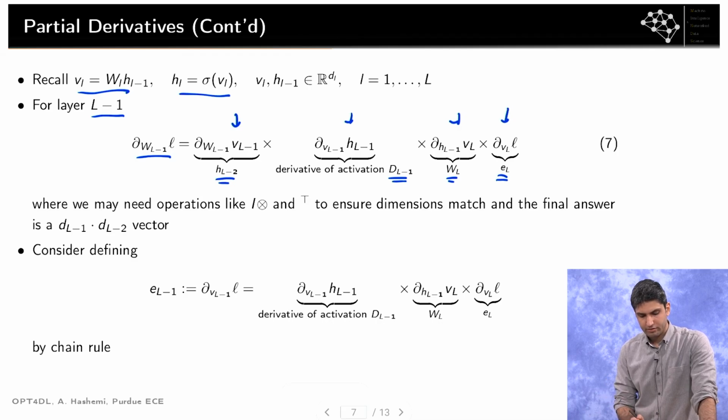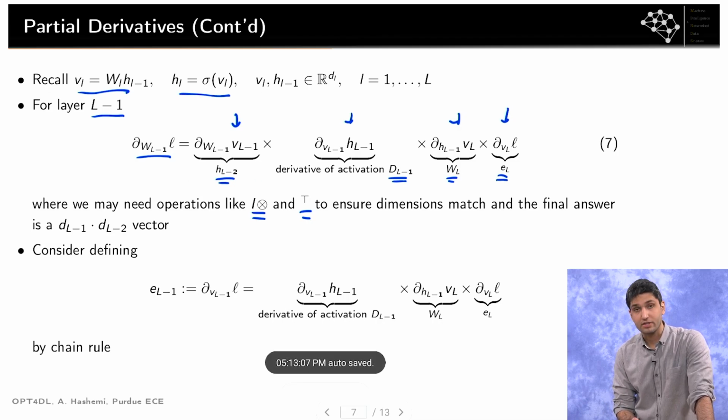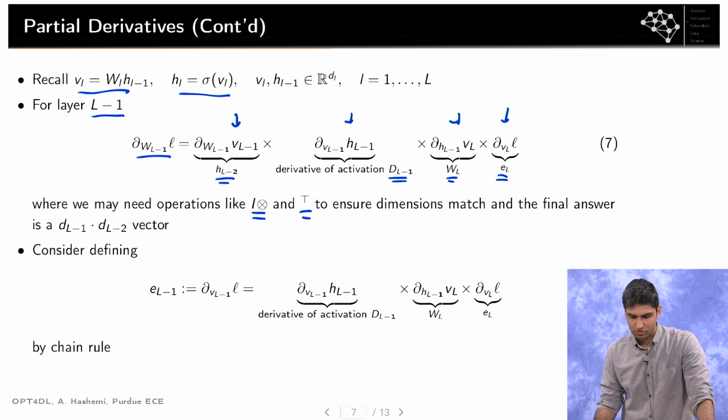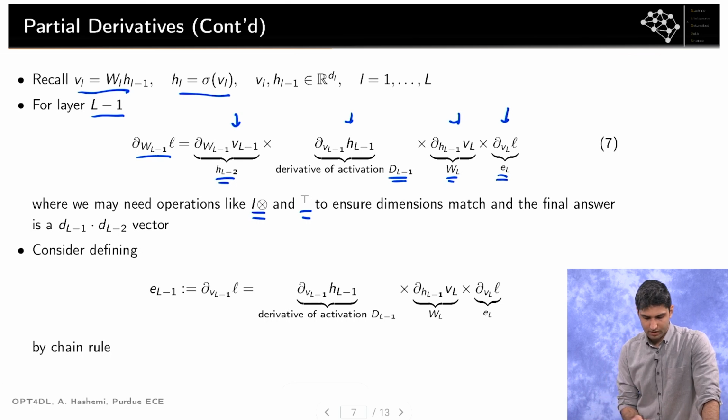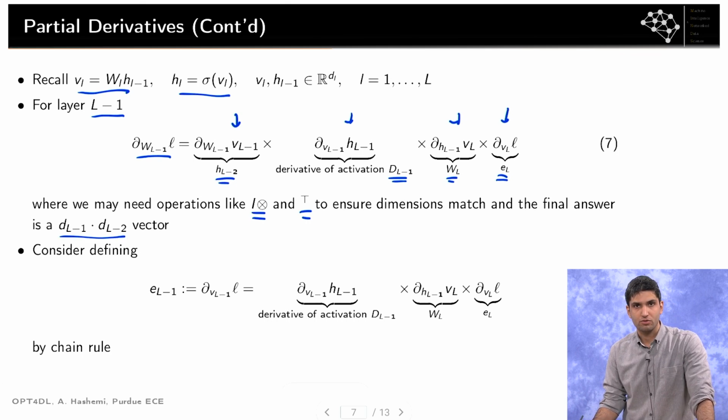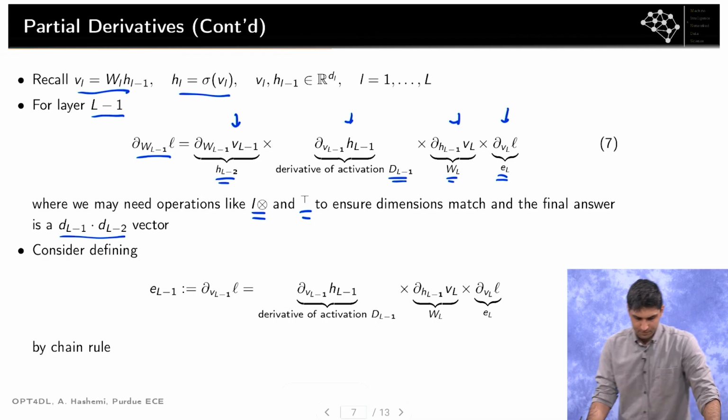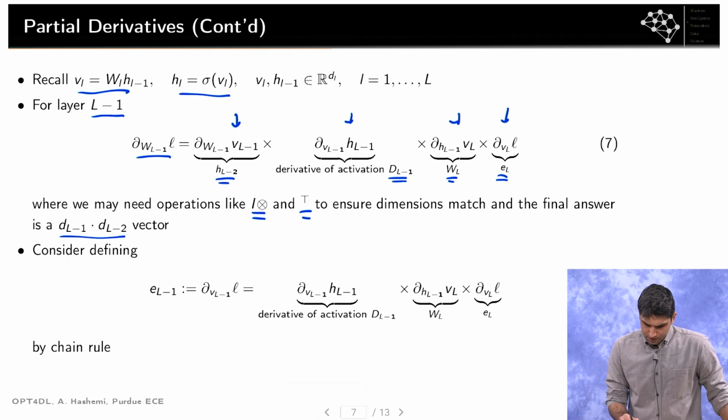I am hiding certain operations such as the Kronecker product with an identity matrix, and we may need a transpose or things like that. But all that matters is that these terms only depend on what I'm writing underneath each one. We again have to introduce certain operations to make sure that our final answer is a D_{L-1} times D_{L-2} vector. So what is this term?